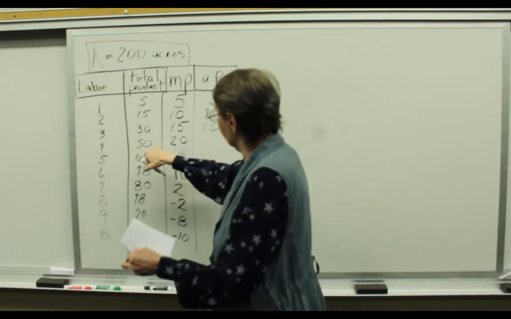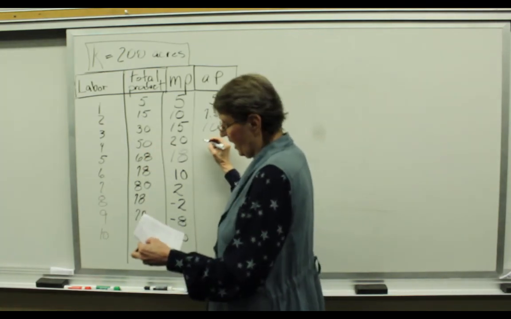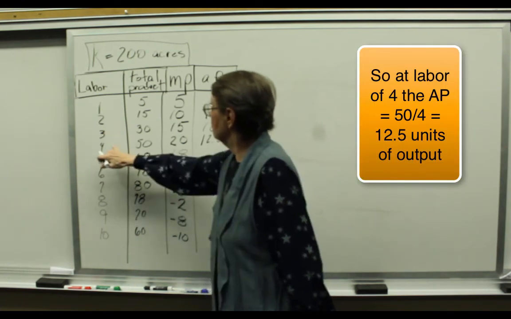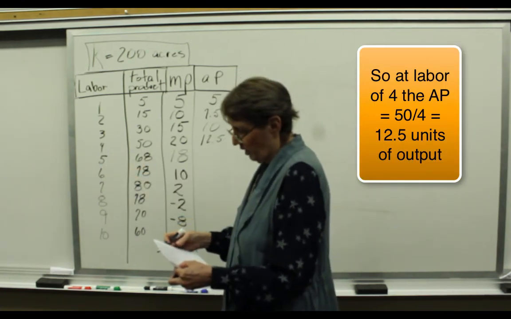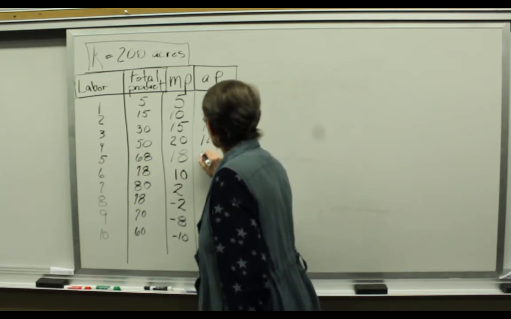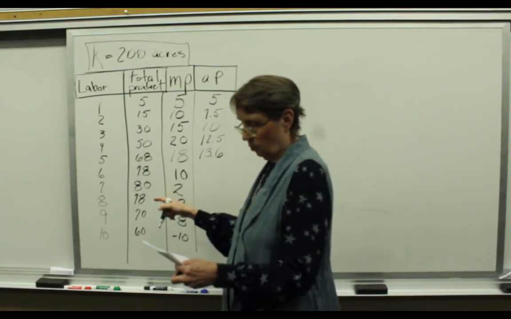If I have 4 workers, I have 50 bales, and that is 12.5 bales for each of my 4 workers. 5 workers, 68 bales. It's 13.6 bales for each of these workers.